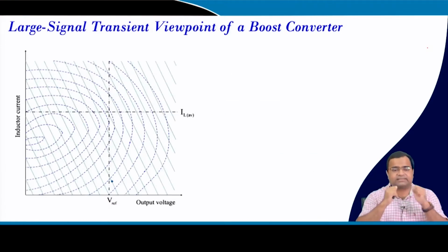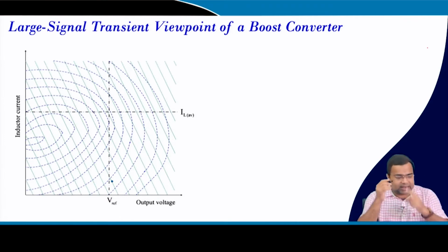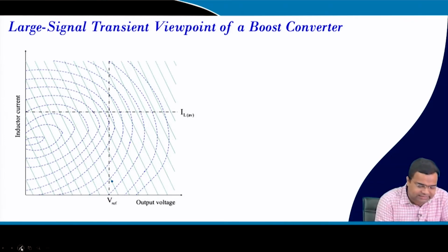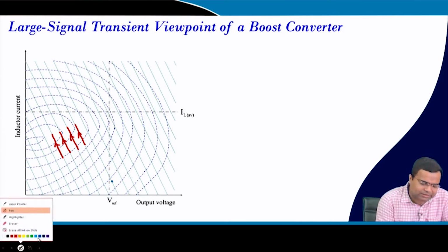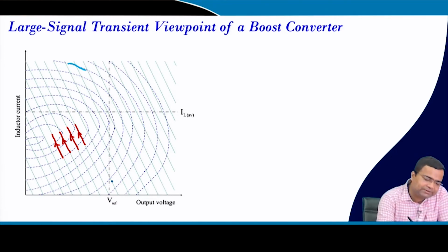But we want to see the large signal viewpoint. We have discussed the vector field multiple times: in lecture number 42, we drew how to draw it using MATLAB in lecture 43, and we also discussed the vector field in lecture 45. So, here again we recollect that if we take the vector field, let us say these are the on state trajectories, the vector field of a boost converter, and depending upon the number of initial conditions you can draw, and this represents our off state trajectory vector field.